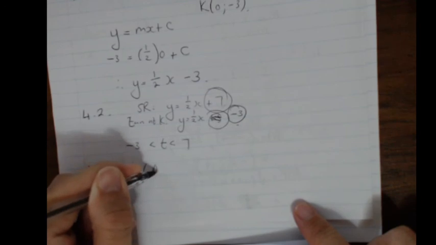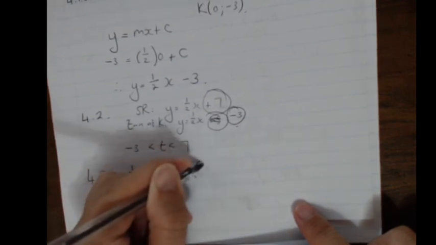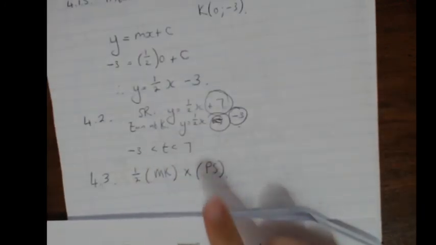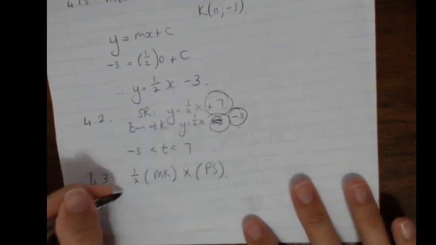I want to use MK as my base and PS as the perpendicular height. Half MK times PS.